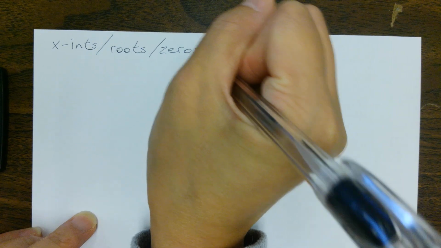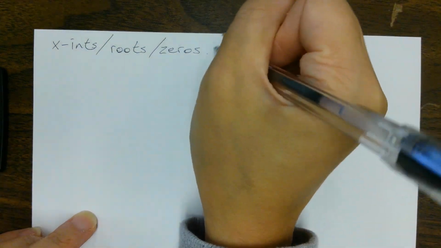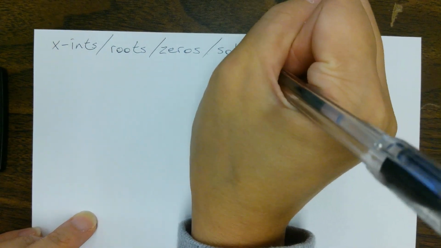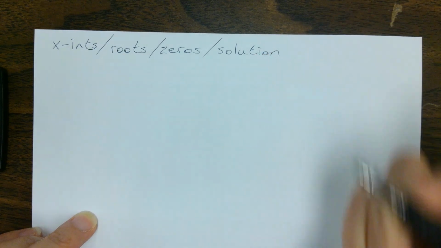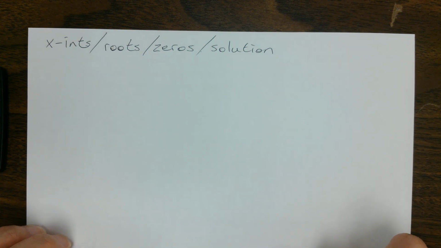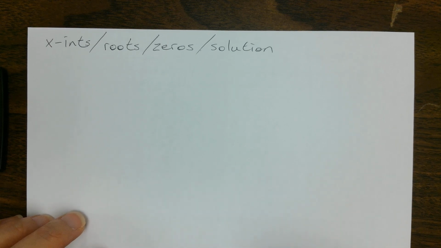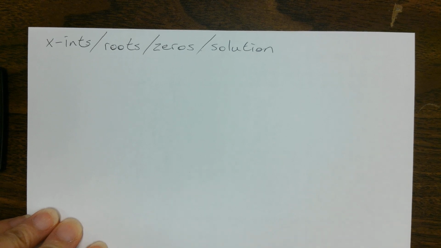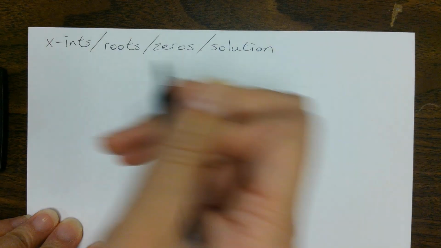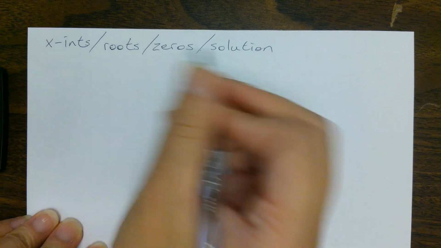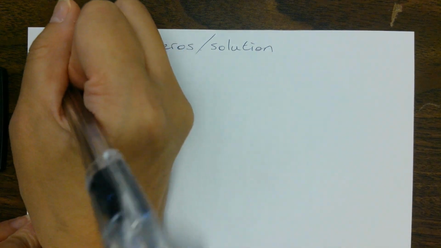Yeah. Solution's another word. Good. So all these mean the same thing. So if on the test I say the parabola has roots of this and this, it means it has x-intercepts of those. If I say find the zeros of this parabola, it means find the x-intercept. So just wanted you guys to know the terminology.